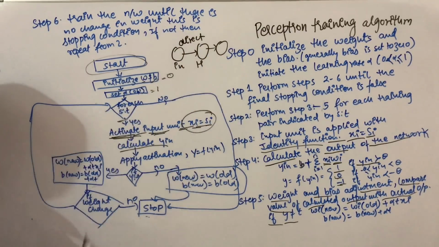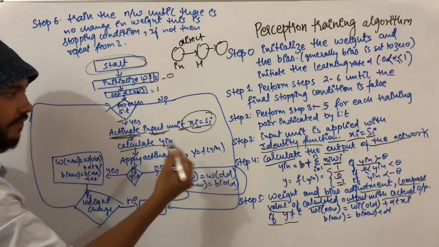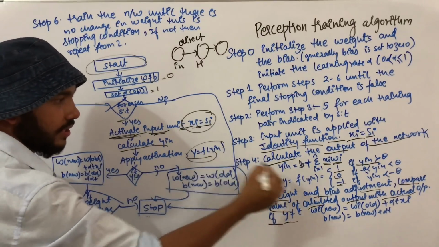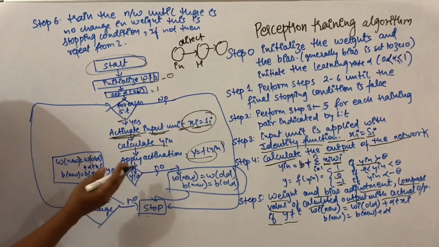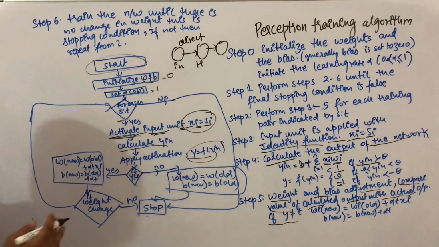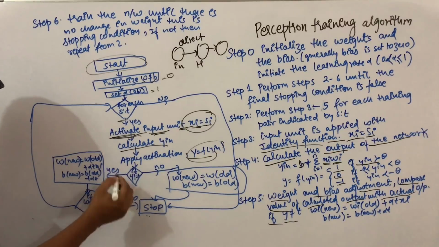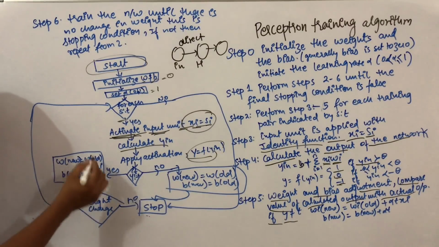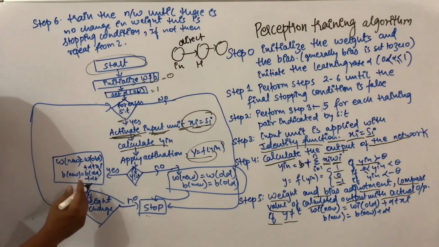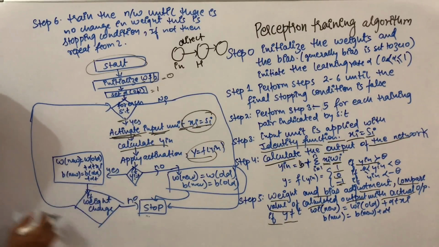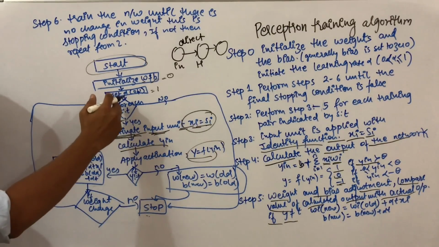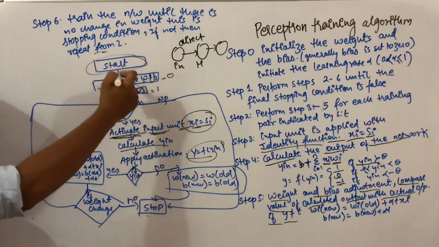Then we apply the activation function y equals f(yin), and after applying the function, if our calculated value is not equal to the target value, we update our weight. If finally there is no change in the weight, then we stop. If there is a change in the weight, then again we perform steps 2 to 6.